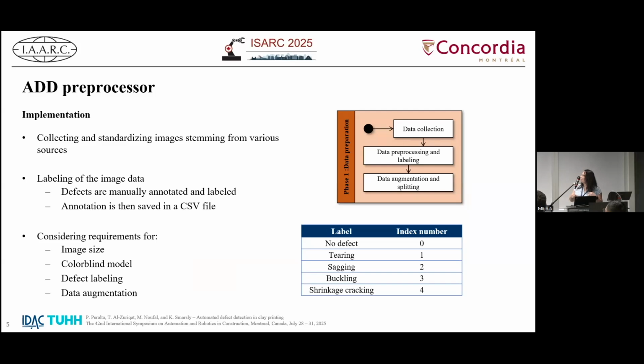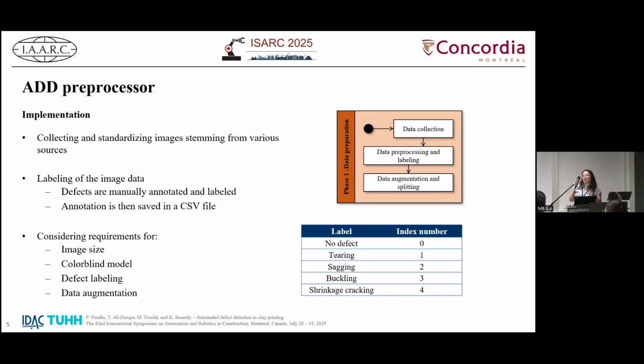For the ADD preprocessor, the main idea is to collect and standardize images from different sources, and also to be able to label this image data. We have a labeling strategy where the defects are manually annotated using bounding boxes and labeled according to index numbers, as we show here. We also consider requirements for image size.